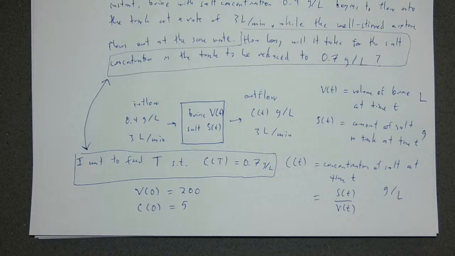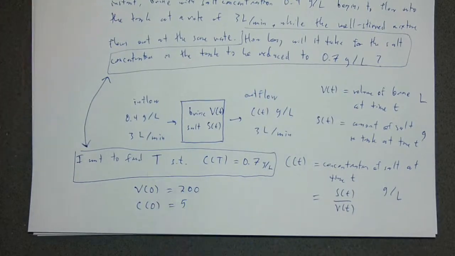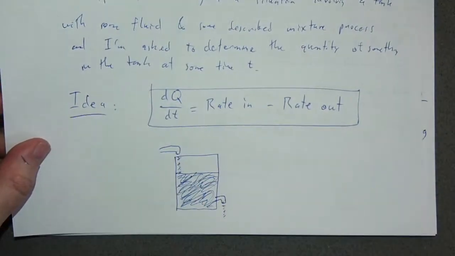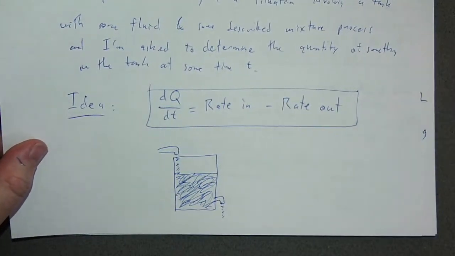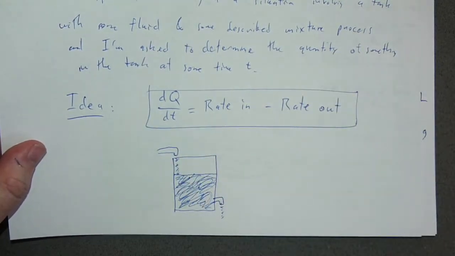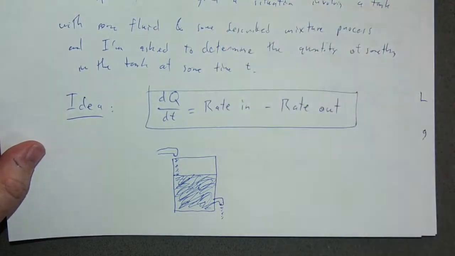All right, so I have the setup and some initial data. The guiding principle I want to use to set up a differential equation is that Q is a quantity that's changing with respect to time.